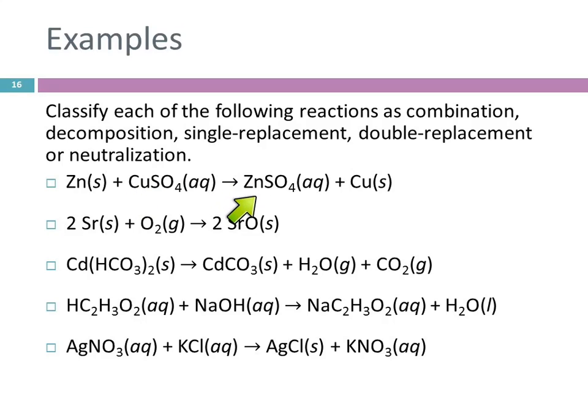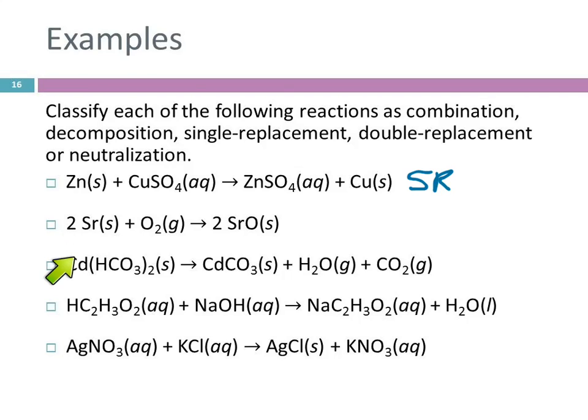We've got zinc with the sulfate and copper by itself. Single replacement. Zinc took copper's girl. A single replacement. You like that? Okay, so we'll call that SR, single replacement.